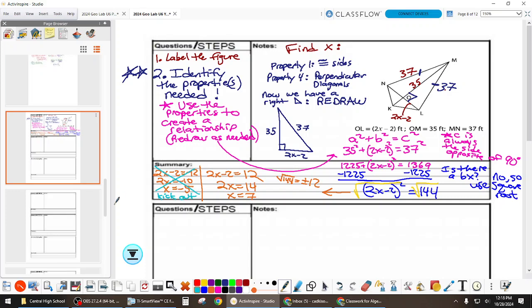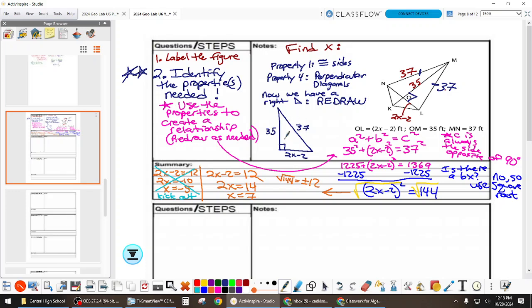So x is 7. Where did we leave off with the kite properties? Like, where did that part of our math stop? I'm saying in this problem, where did that happen? It actually was clear back here.